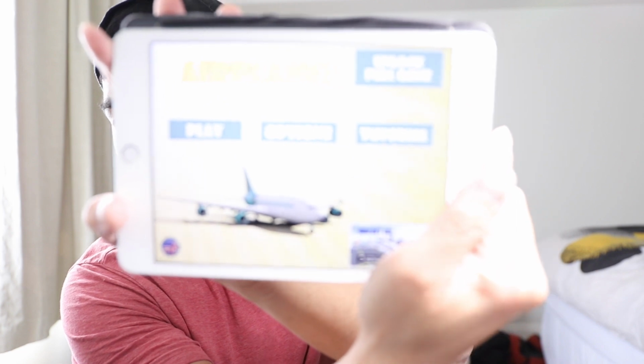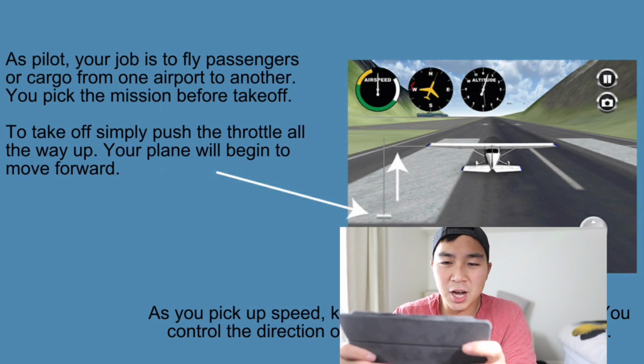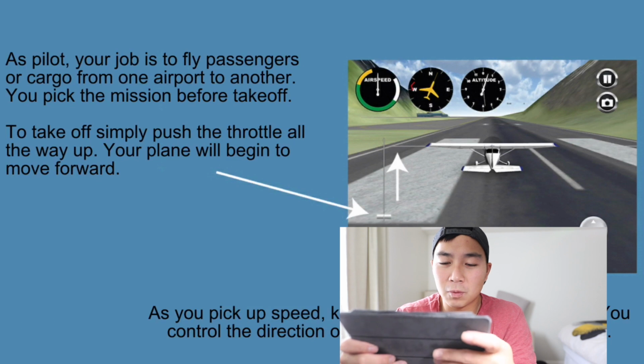Let's first try Airplane. Ooh, you see that? Alright, go tutorial. As a pilot, your job is to fly passengers or cargo from one airport to another. True. To take off, simply push the throttle all the way up.